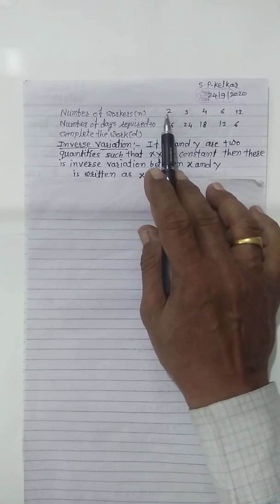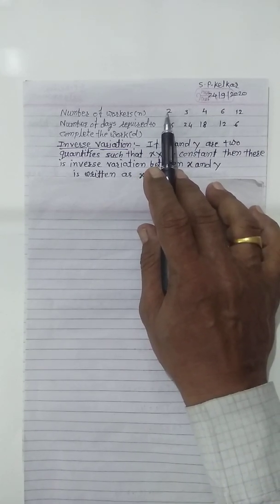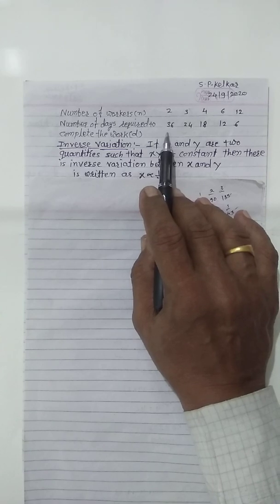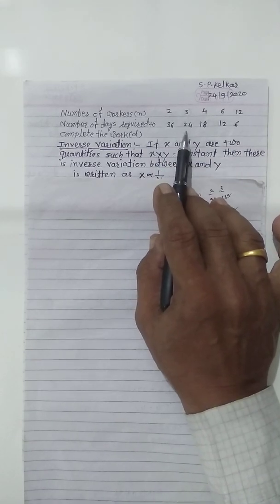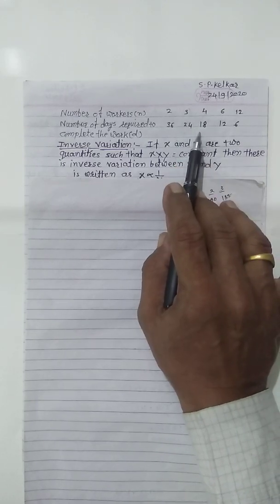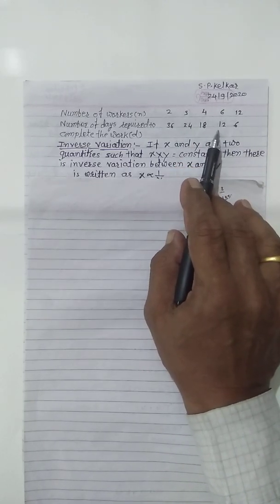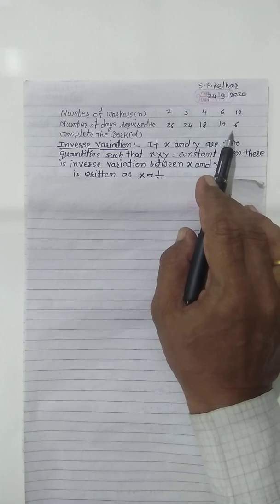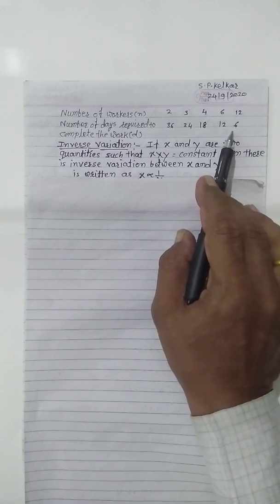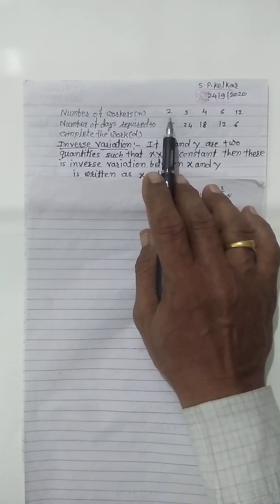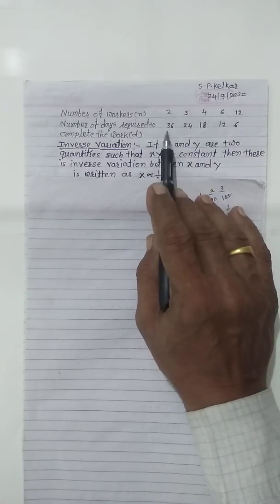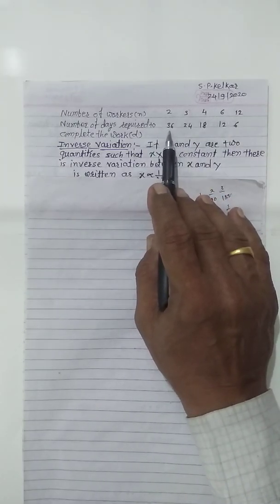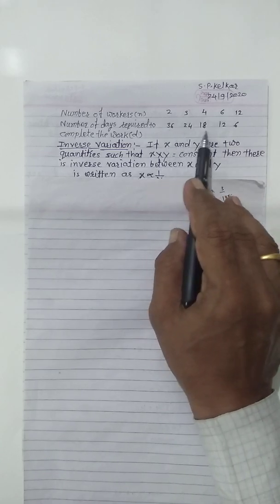See in this first column, 2 workers 36 days, 3 workers 24 days, 4 workers 18 days, 6 workers 12 days, and 12 workers get the 6 days. In this way, if the workers increase, the days required to complete the work decrease.